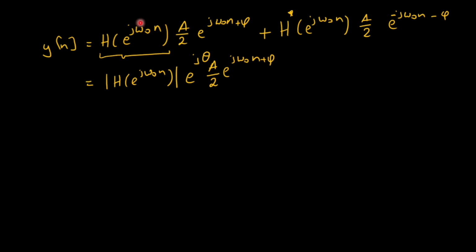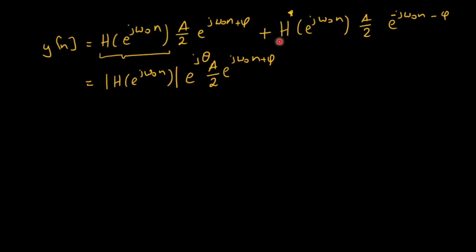And hence from here we can simplify it further, that is in the second equality we can break this down into a polar form, and for that we have the magnitude of this H of e to the j omega naught times exponential to the phase of this, which I have represented by the angle theta. So we have this breaking down into the magnitude of this times exponential to the power j and phase of this, and then the remaining parts reappear over here.